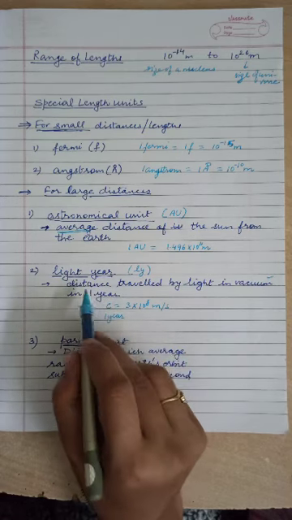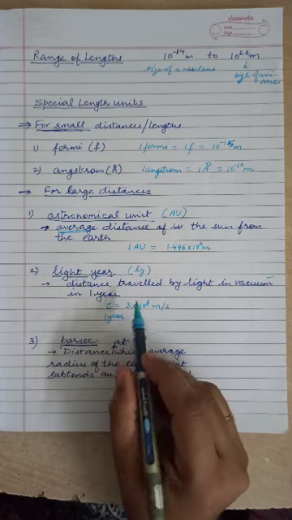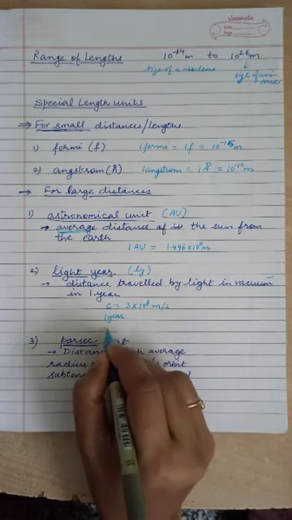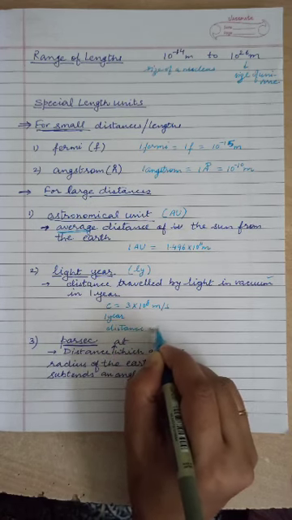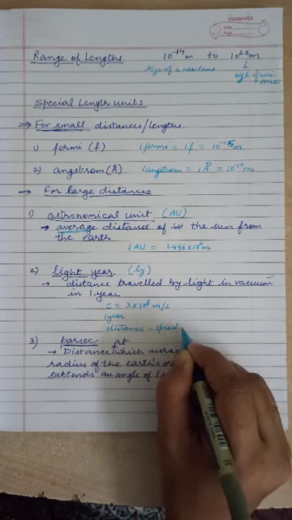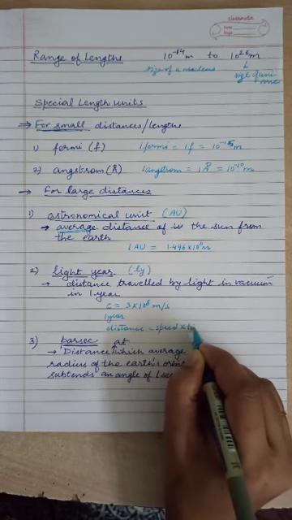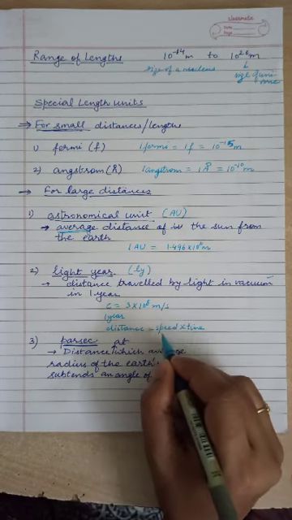If you want to find out the value of light year in meters, then we can use the formula that distance is equal to speed with which that distance is covered into the time for which that distance is covered with this much speed.